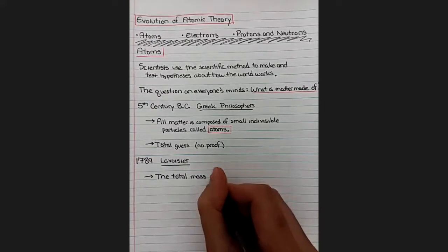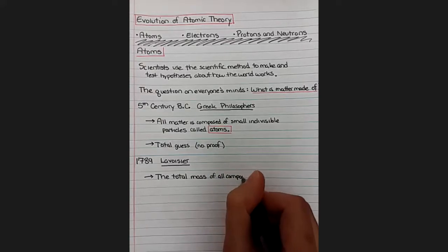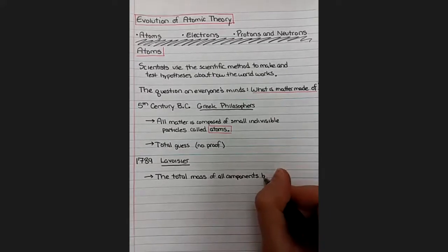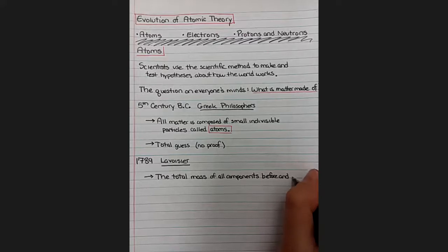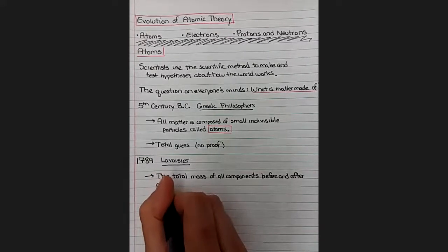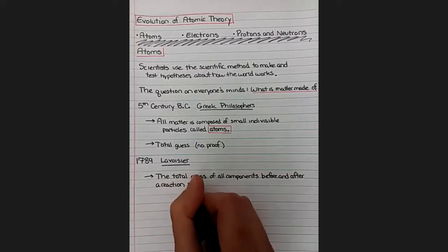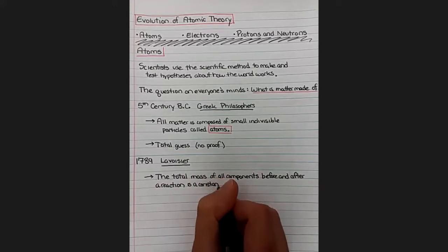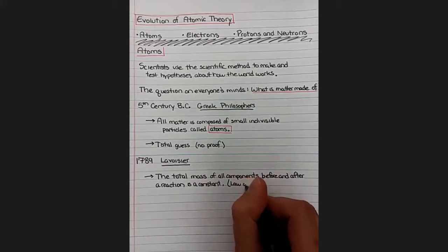So he observed that the total mass of all components in the reaction, solids, gases, liquids, visible or invisible, before and after a reaction, remains a constant. And this is officially known as the law of conservation of mass.